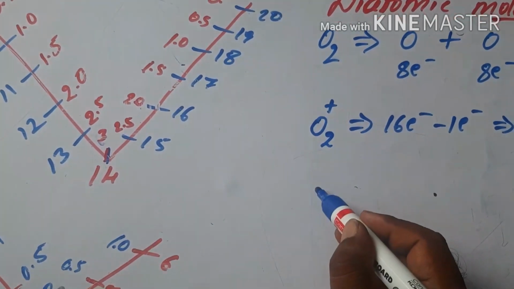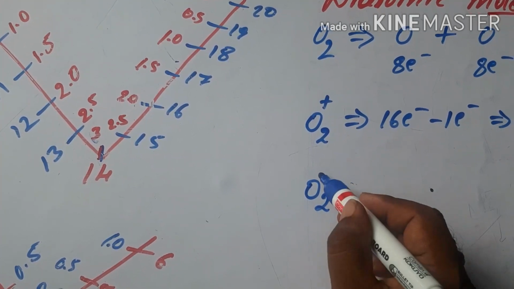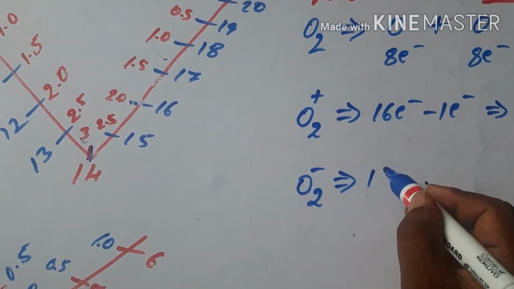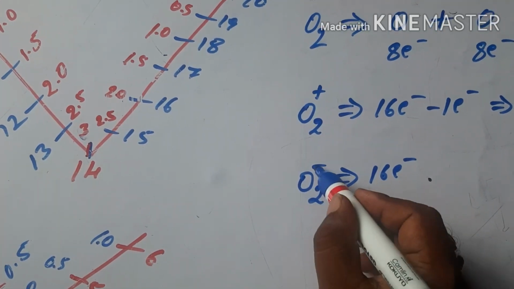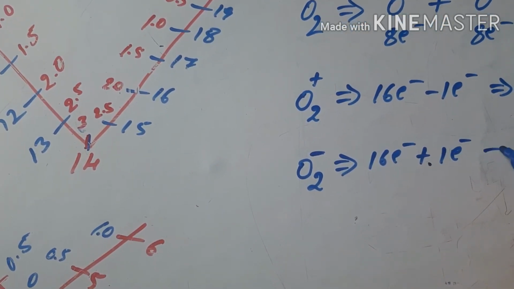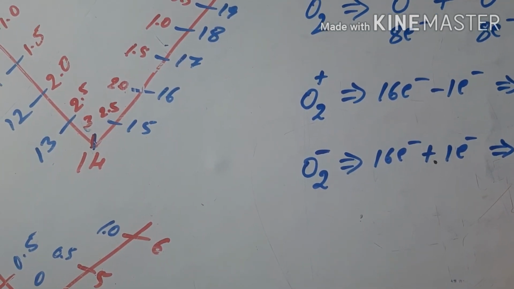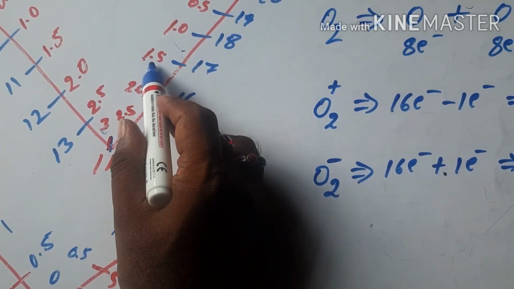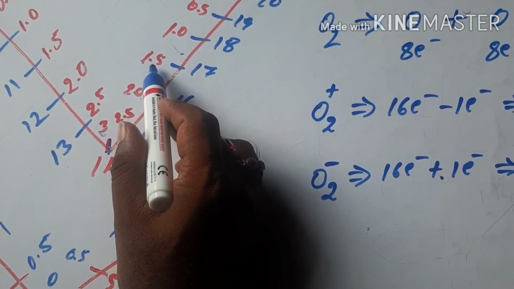In the same manner, for O2 minus, we have 16 electrons for the O2 molecule, and minus means 1 extra electron, so overall there are 17 electrons. For 17, the bond order is 1.5.